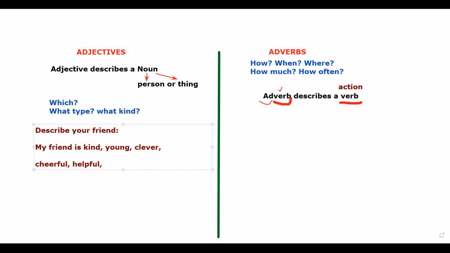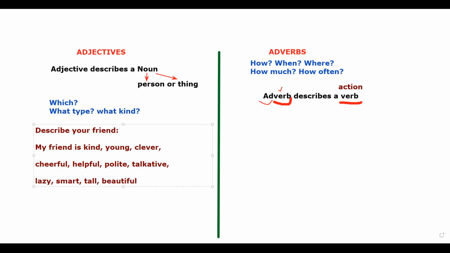My friend is polite. Well, we are using very positive adjectives here. My friend is talkative. My friend can be lazy sometimes. You can say maybe smart. You can say tall. You can say beautiful.